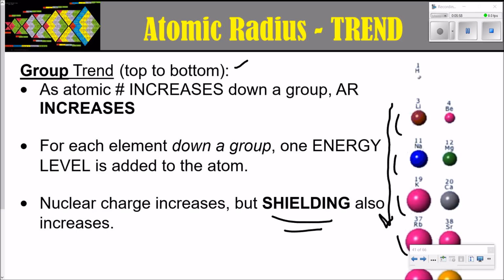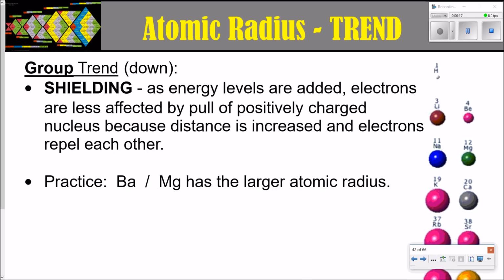As you add those energy levels, those electrons on the outer energy levels get further and further away from the nucleus. So the pull of those protons on those electrons is not going to be as strong the further out you get. It keeps the atom from getting smaller. Instead, it's going to be getting larger as you go down a group.